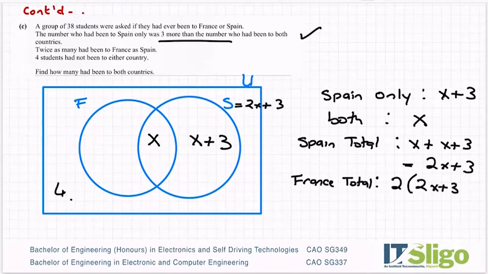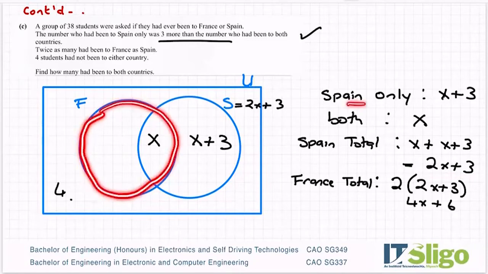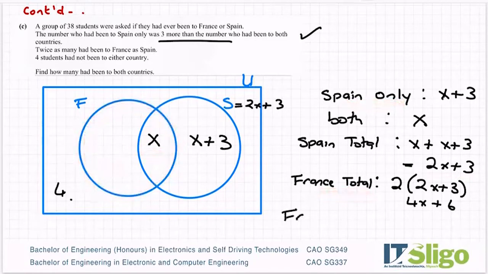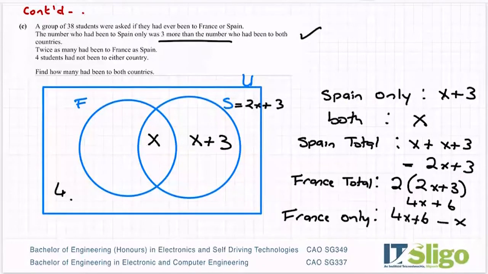So therefore, France total must be twice what we got for Spain. So 4x plus 6. So that's France total, not France only, but France total. So see the way we've an x in already? To get who has been to France only, you have to subtract off that x that's in already. So it's 4x plus 6 minus the x that's there already. Okay, so we have 3x plus 6.